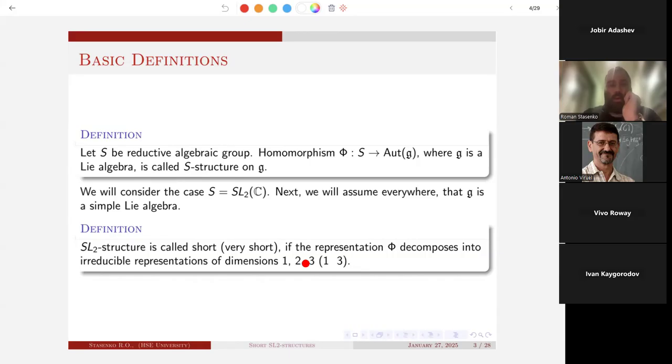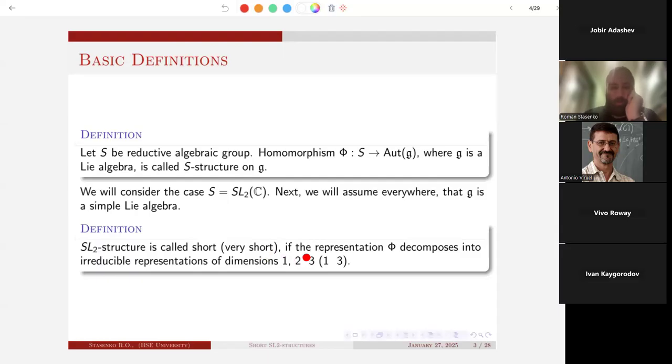So we will call such an SL2 structure short, and an SL2 structure when the two-dimensional summand is empty, we will call very short.